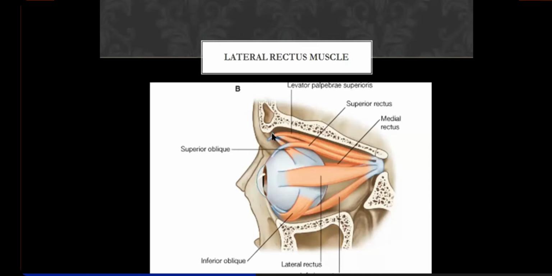There's a fibrocartilaginous pulley. Through this pulley, the intermediate tendon of superior oblique winds. Now look at that. Actually, maybe I'll teach you about the movements of the eyes. Then it will be difficult if you're not understanding the course of the muscle fibers.